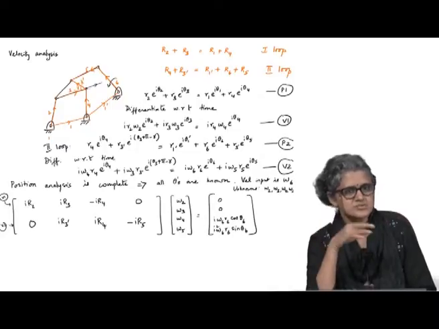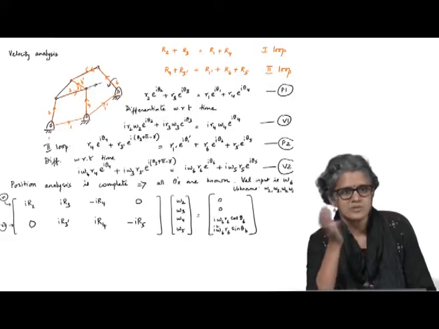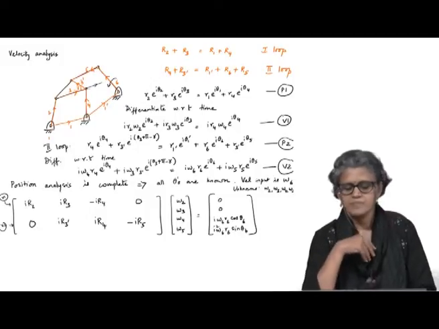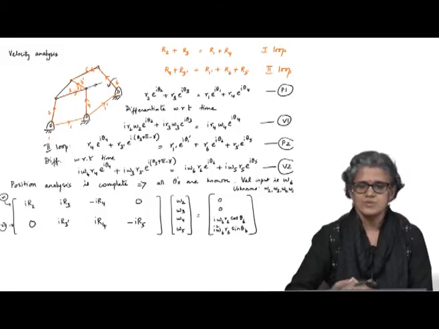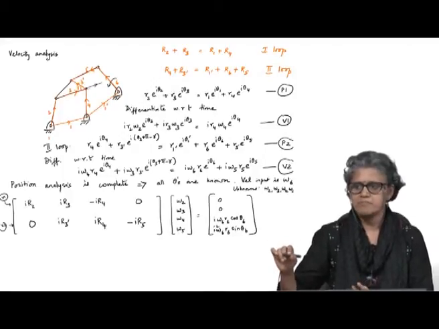Position is a different story. That is why you typically just simulate for a range of positions. Okay. So, this is how you do the velocity analysis for multi-loop or complex mechanisms. Set up the equations and solve them.